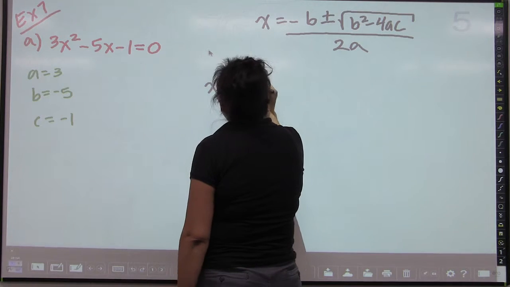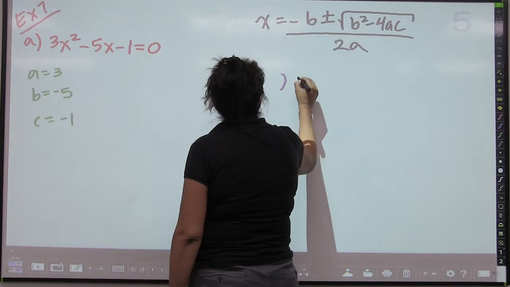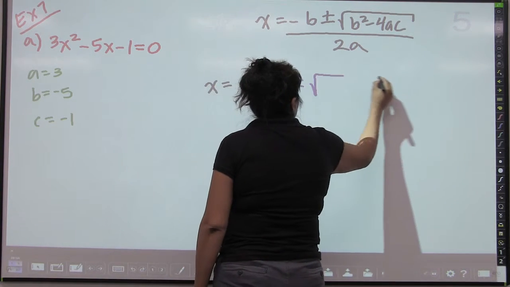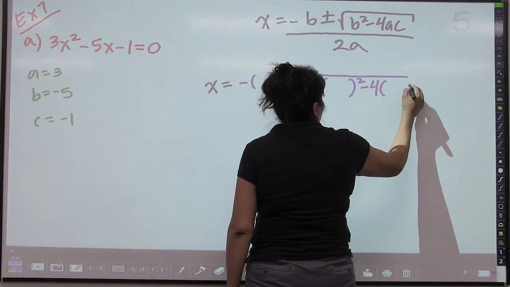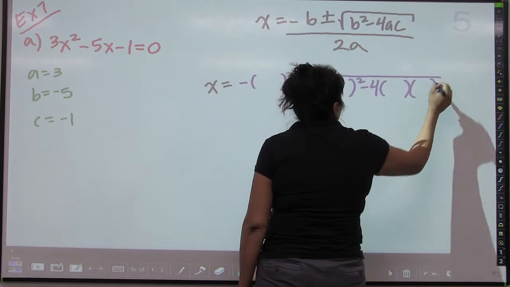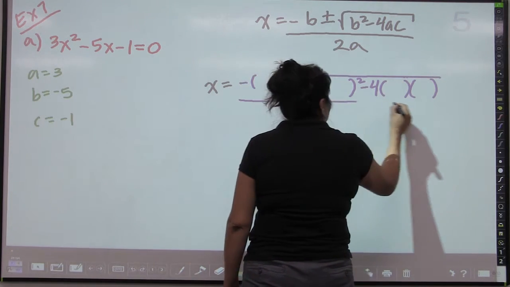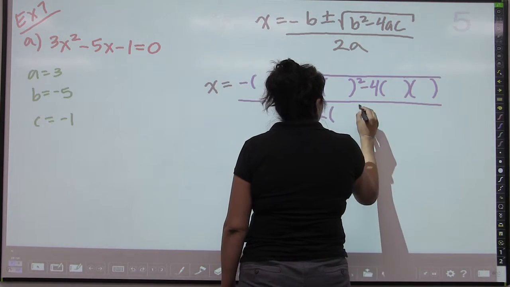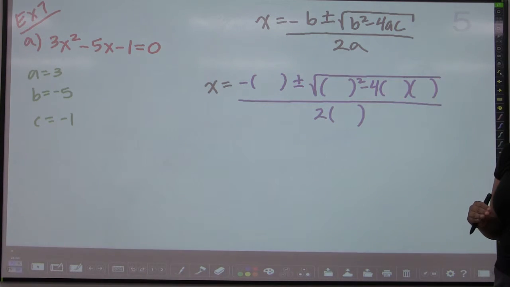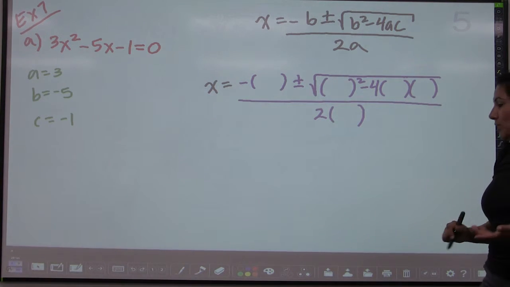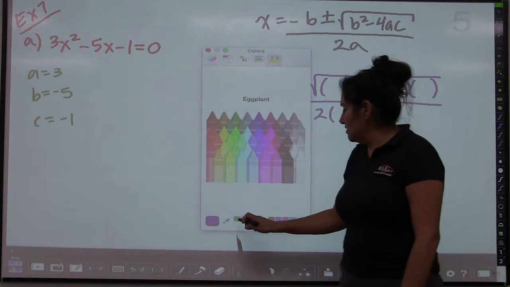Anyway, so negative B plus or minus. By the way, I do this all the time. It really helps me out a lot. I put parentheses wherever there's a variable, so that later I can plug in what that variable is supposed to be.